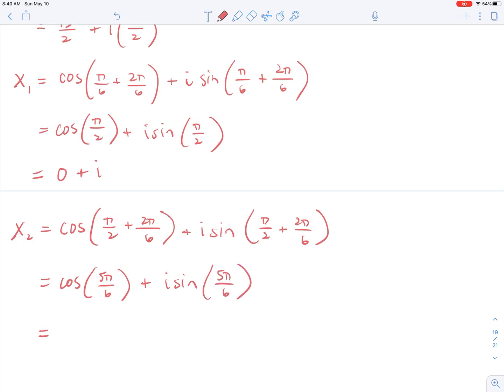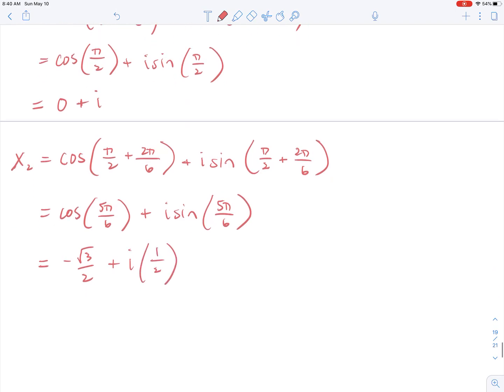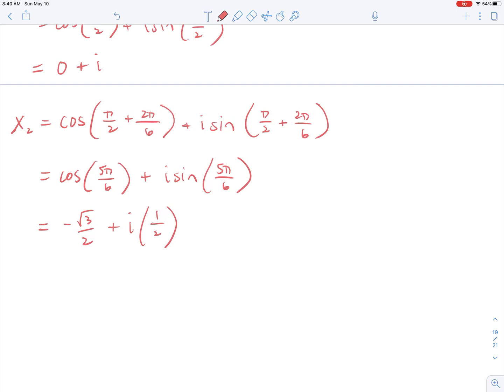So that ends up being cosine of 5 pi over 6. And cosine of 5 pi over 6 is negative root 3 over 2. Sine of 5 pi over 6 is 1/2.